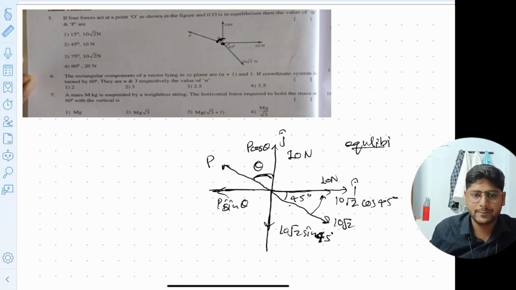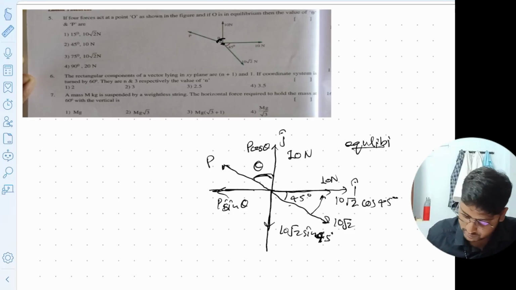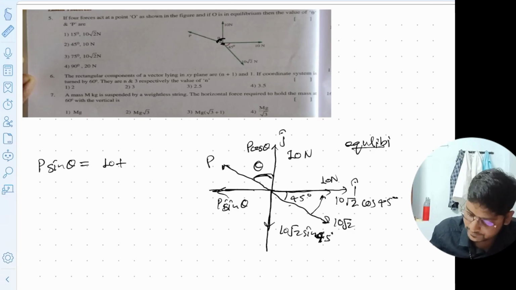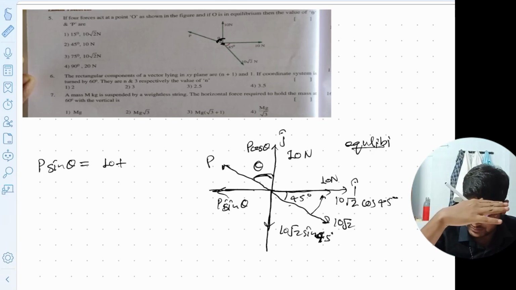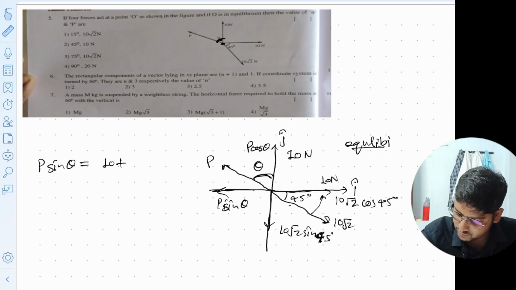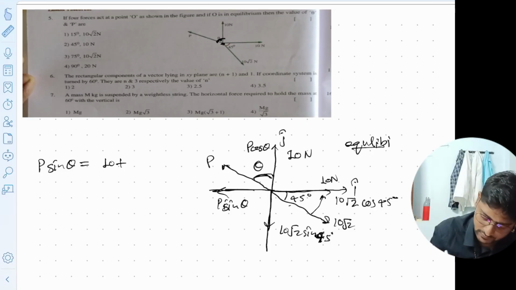Okay, so add the forces. P sin theta should be equal to 10 Newton along the negative x axis, that is negative i, which equals the positive i, 10 Newton plus 10 root 2 cos 45.